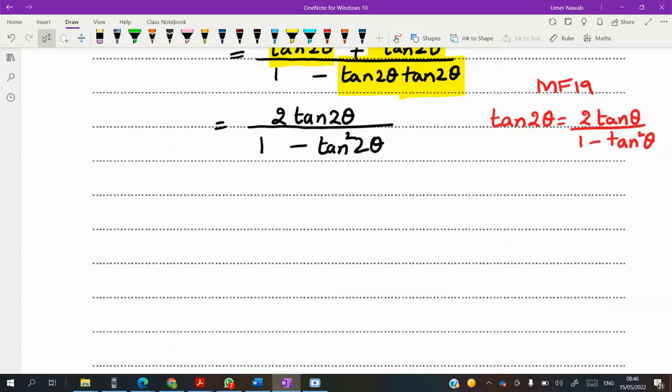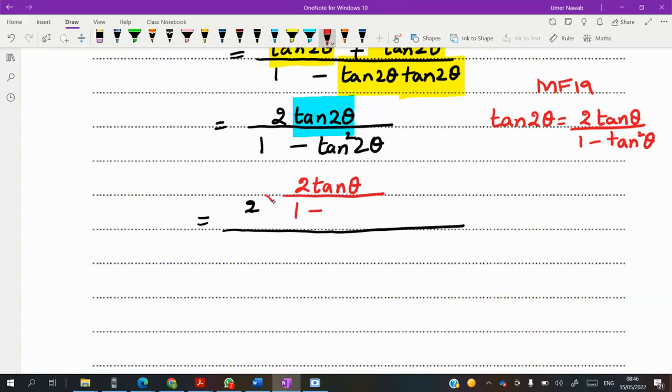Now guys, let me replace. So 2 as it is. Instead of tan 2 theta, I'm going to write now 2 tan theta over 1 minus tan squared theta. Khalas?